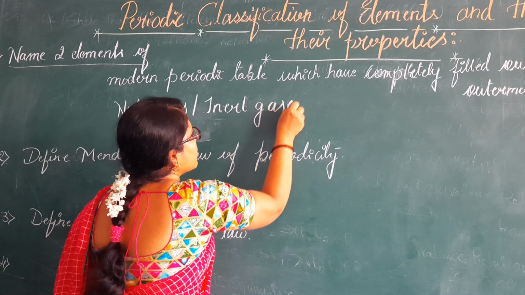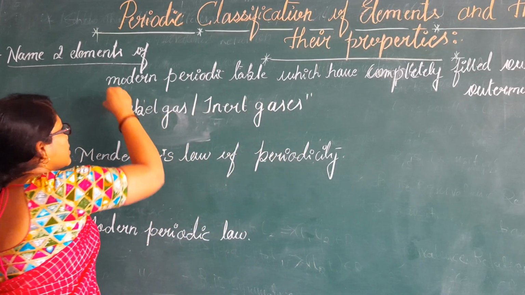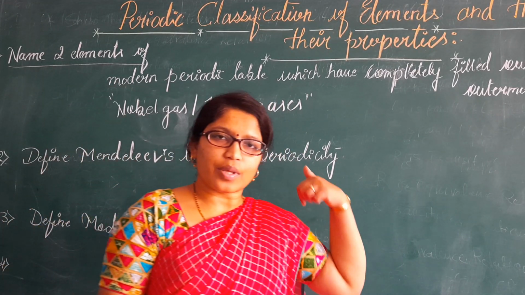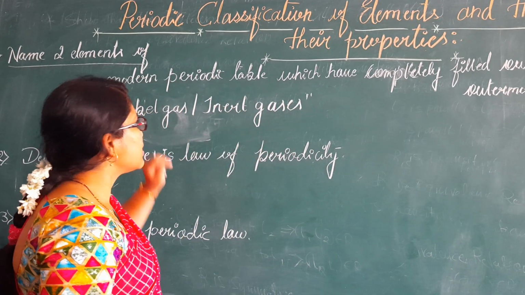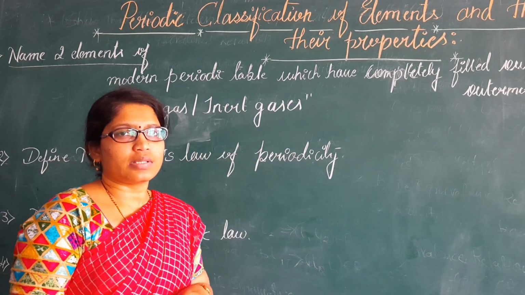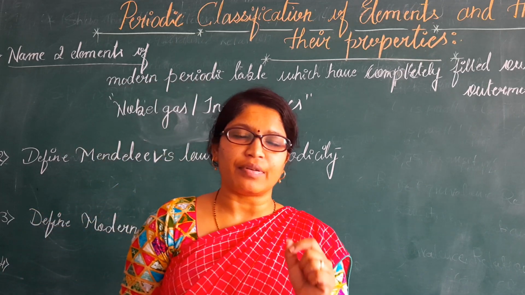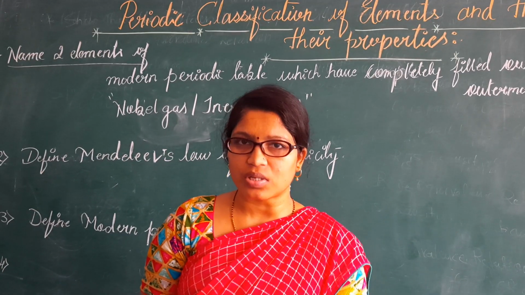They are also called as inert gases. If they are asking you the question for 1 mark, you have to write all noble gases or inert gases have completely filled outermost shell.